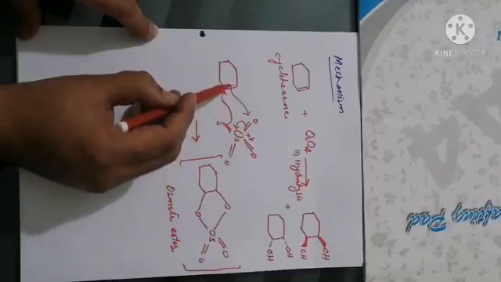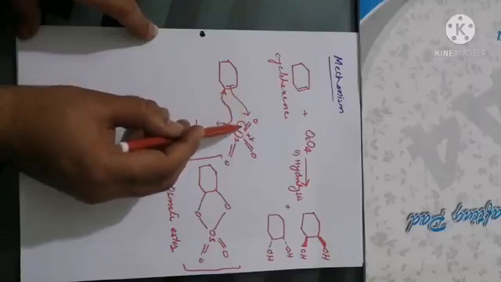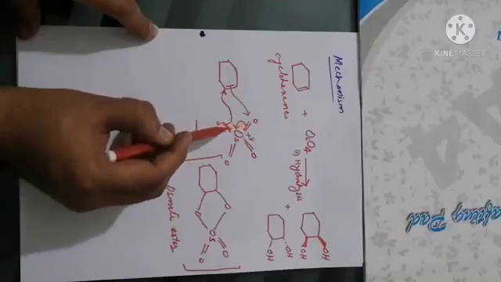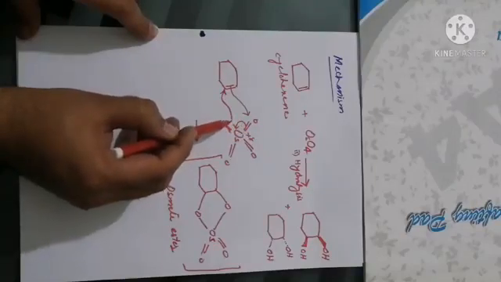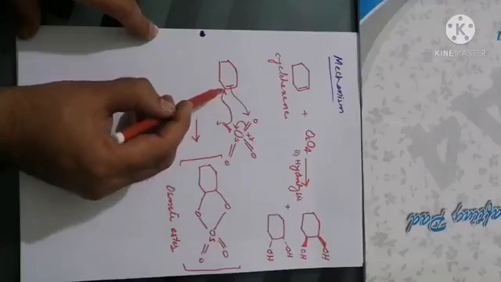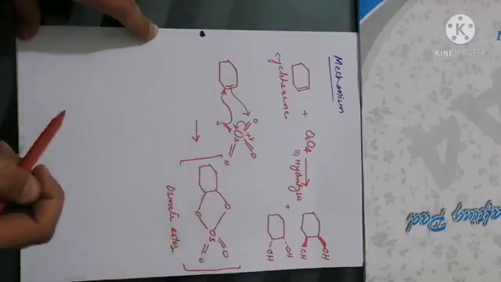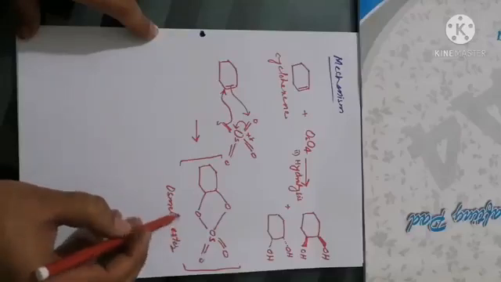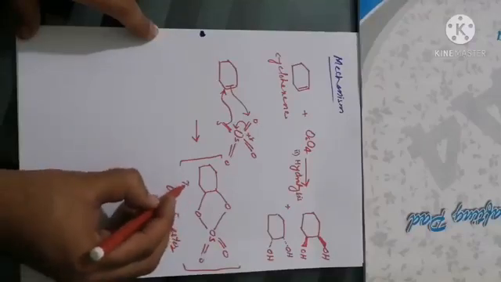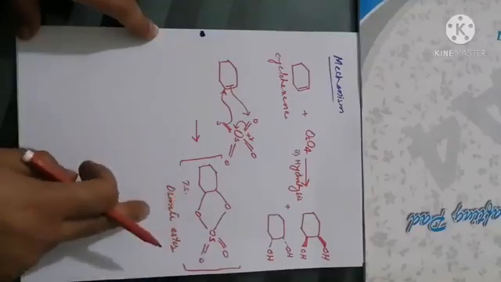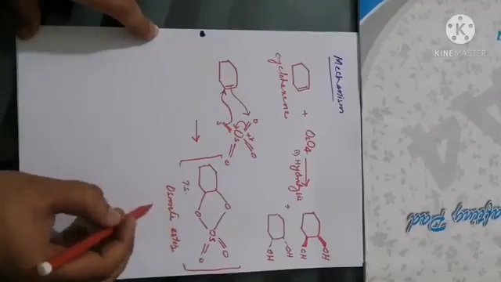So the nucleophile attacks here, then to balance the valency this bond moves over here, and then this bond moves over here, so we get a cyclic transition state. This cyclic species is called an osmate ester.